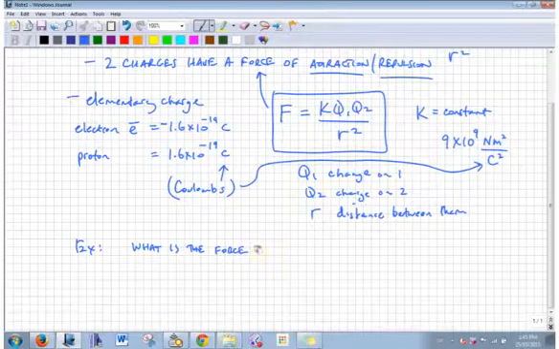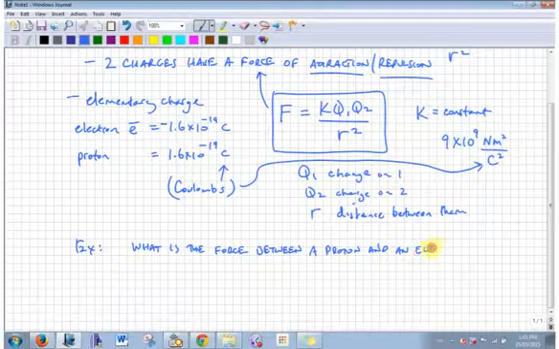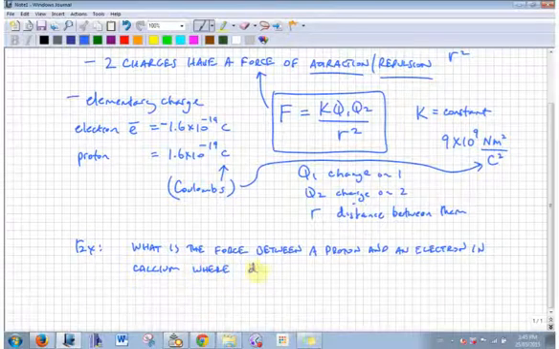What is the force between a proton and an electron in, and I believe I did my research, in calcium, where d is, how far do you think it is between an electron and a proton in a particular atom?